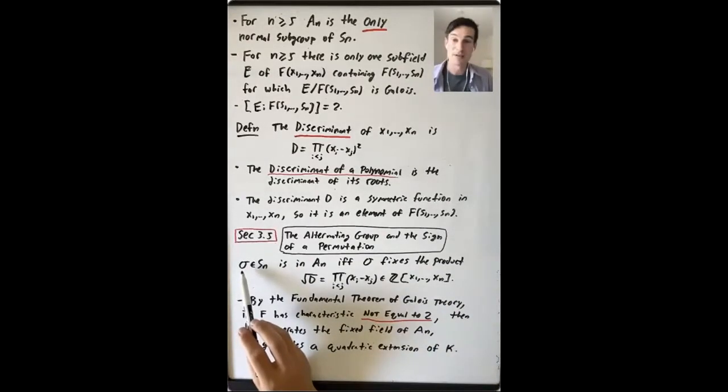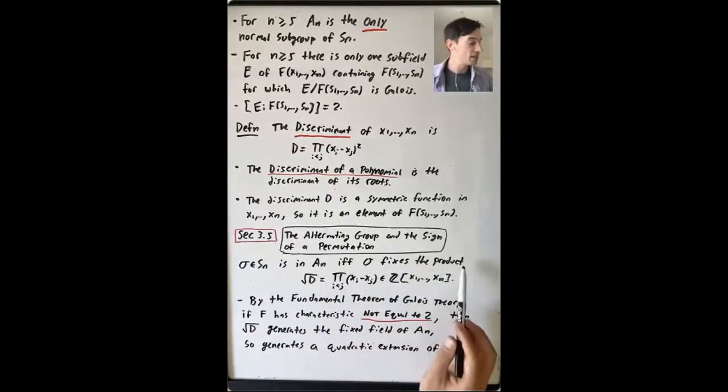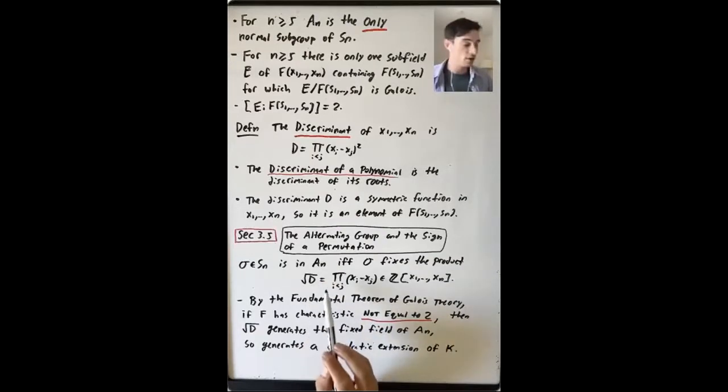So if we have an element sigma in Sn, when is it contained in An? Well, the motivation there was the sign of a permutation. Is it even or is it odd? Is it 1 or is it minus 1? But what did that mean? Sigma in Sn was contained in An if and only if sigma fixes the product, square root of D, this product over all pairs i less than j of xi minus xj.